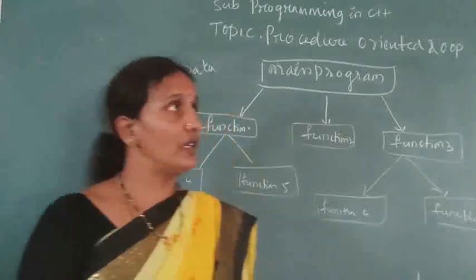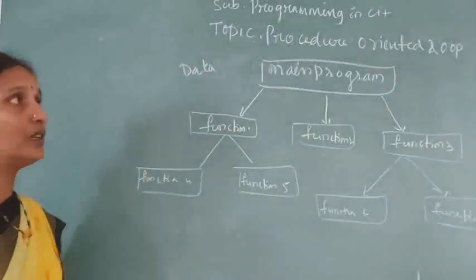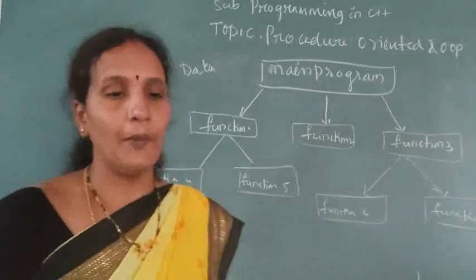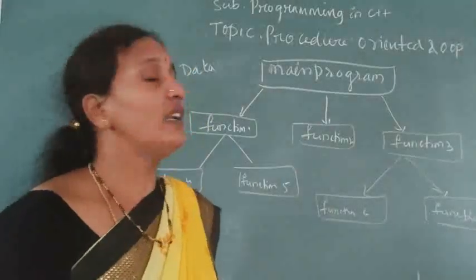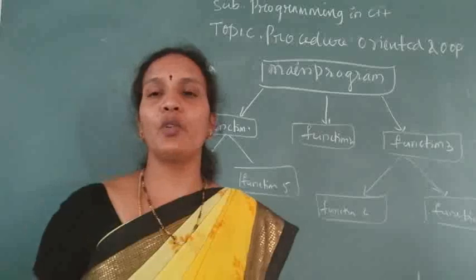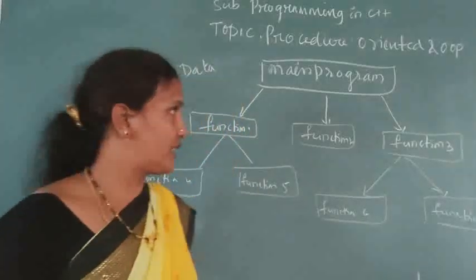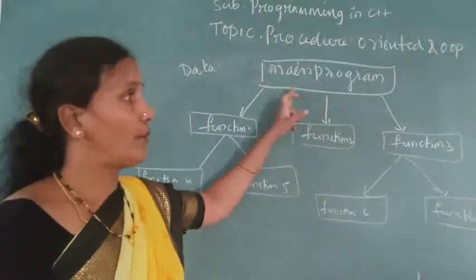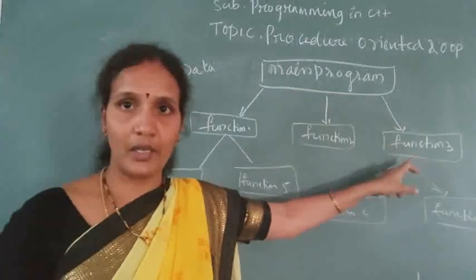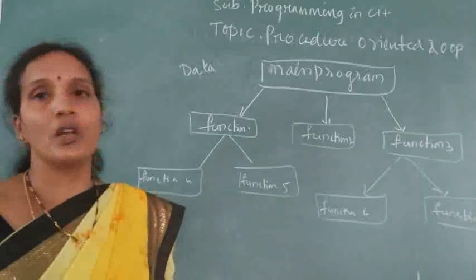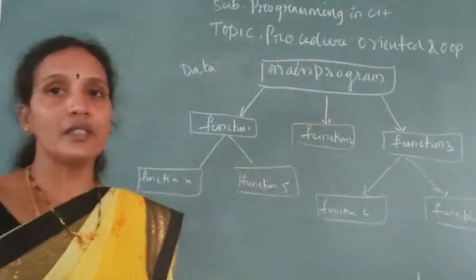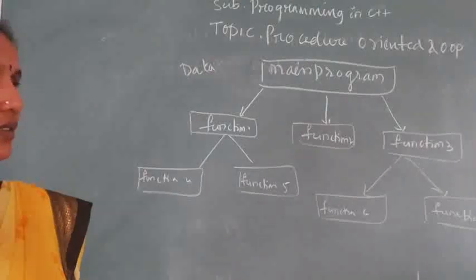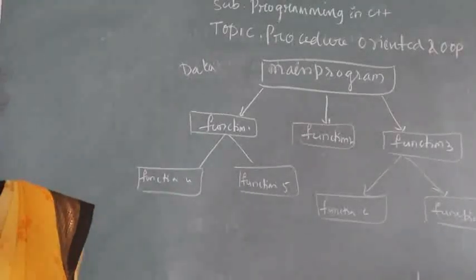The next one is that in procedure-oriented programming, maintenance is difficult. If you want to update any content or data in function 6, from where should we come? From the main function to function 3 and function 3 to function 6. So it is difficult to maintain procedure-oriented programming.